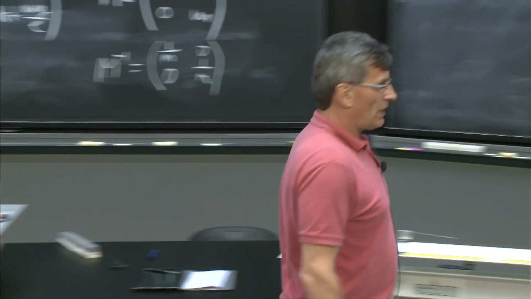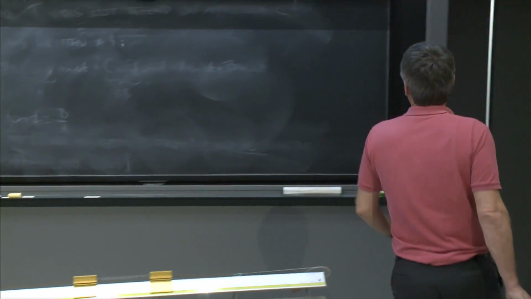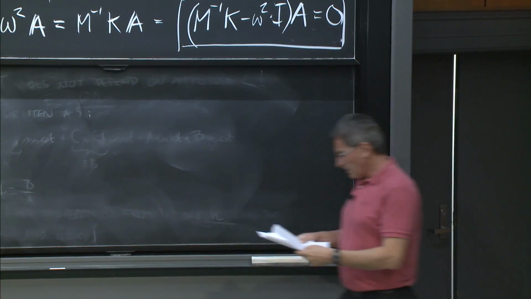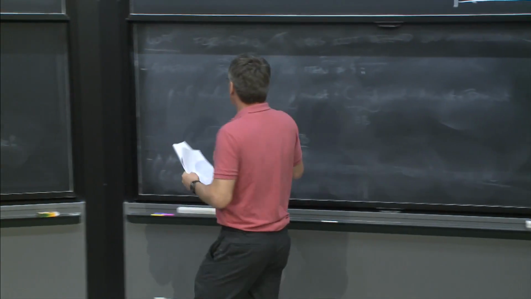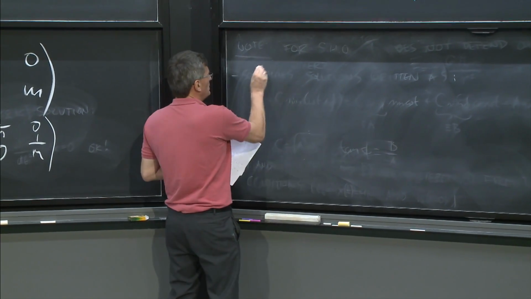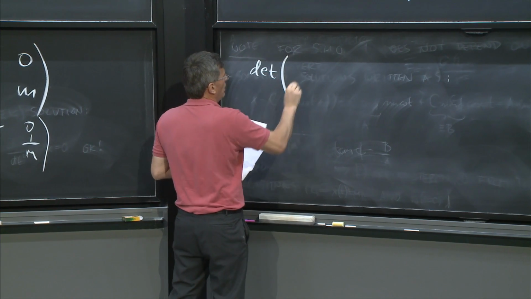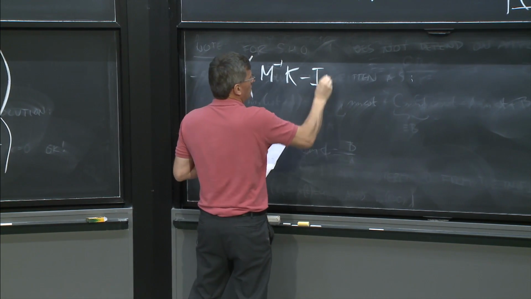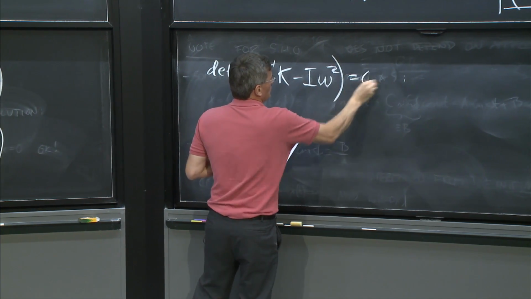Because if you take the determinant of both sides, you have to have 0 on this side to be able to obtain 0 on the other side. So mathematically, the way to find the oscillating frequency is you take the determinant of m to the minus 1 k minus I omega squared, which must be equal to 0.